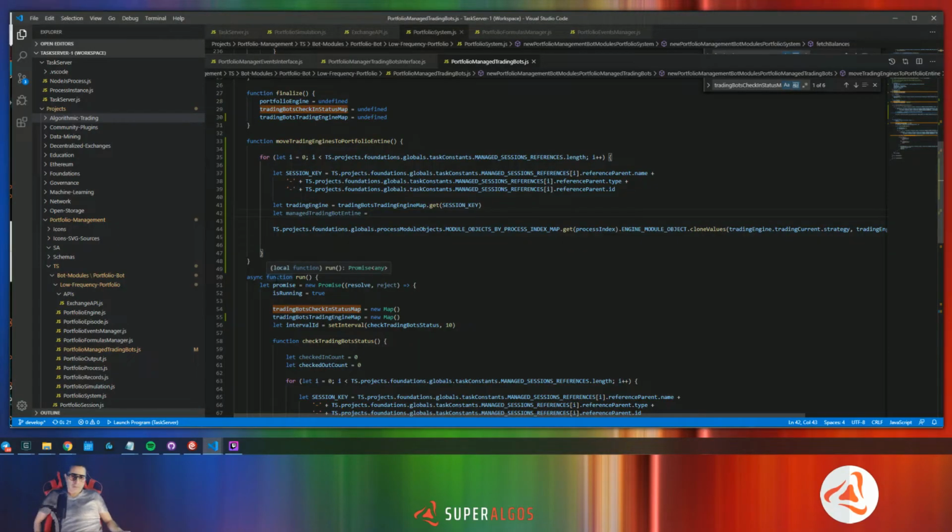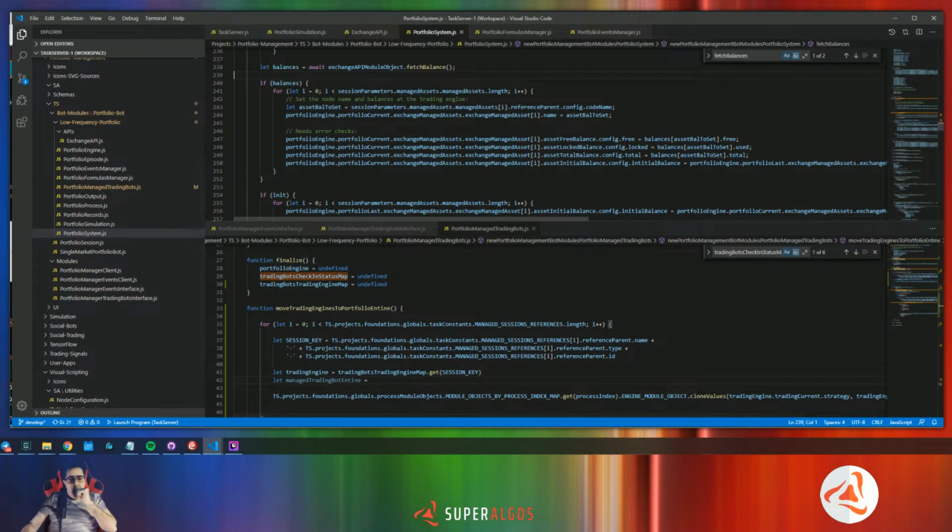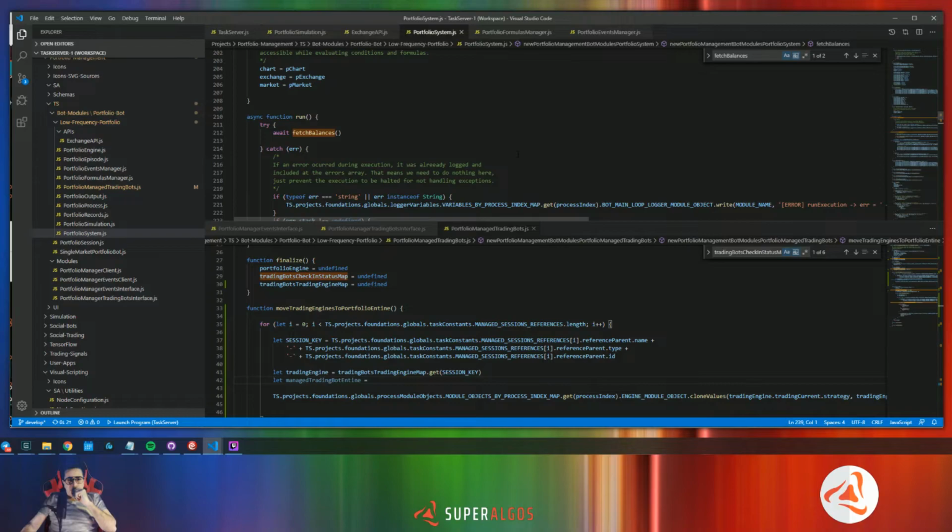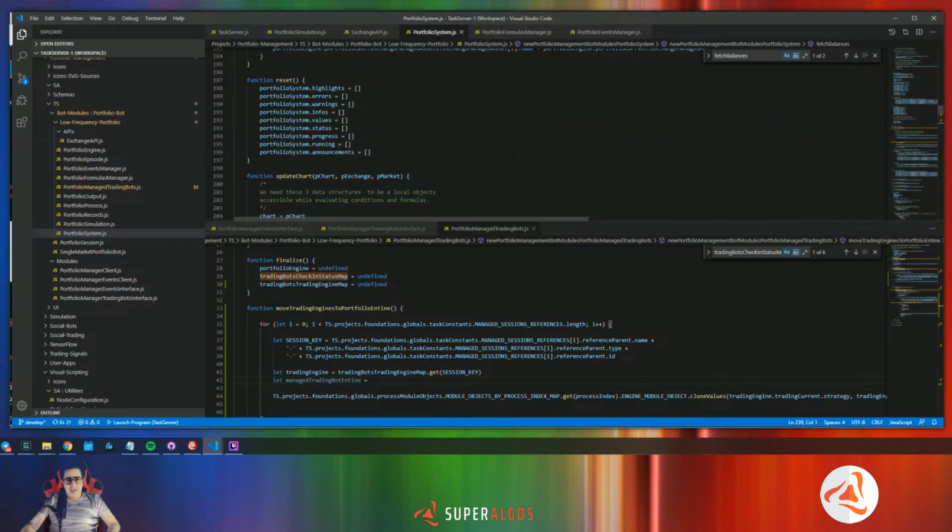Okay, so how do I get the portfolio engine?